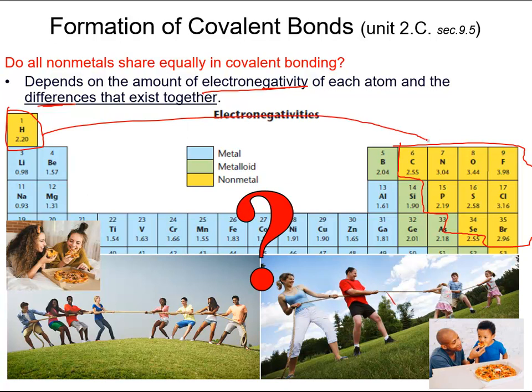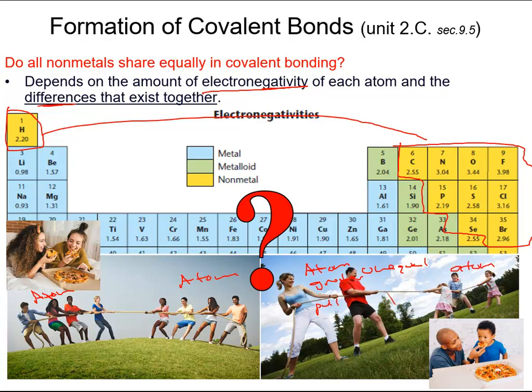But how do they share electrons? Do they share electrons like this, where one of the atoms pulls equally on the other atom? Or do they share unequally here, where one of the atoms has a greater pull on the electrons than the other atom?